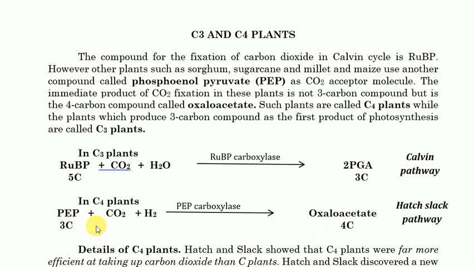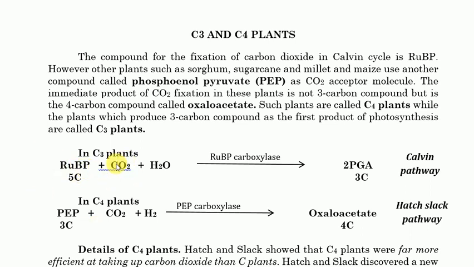So that's the major difference, and they are called C3 or C4 because of the first product of photosynthesis. In C3, the first product is a 3-carbon compound, and in C4, the first product is a 4-carbon compound. So here are the reactions.